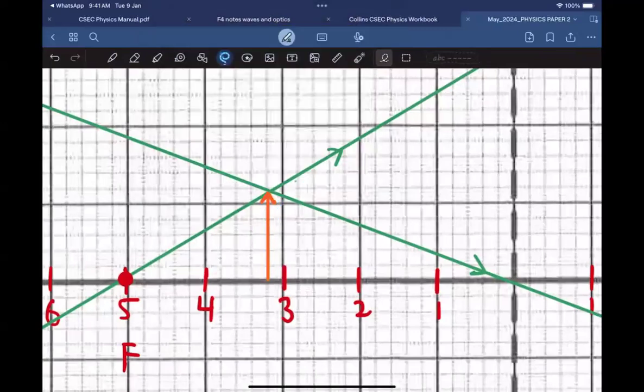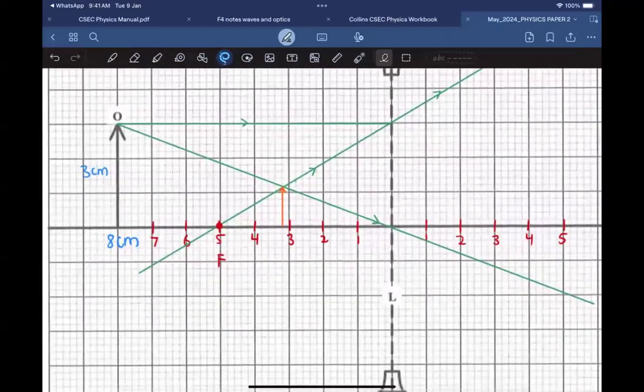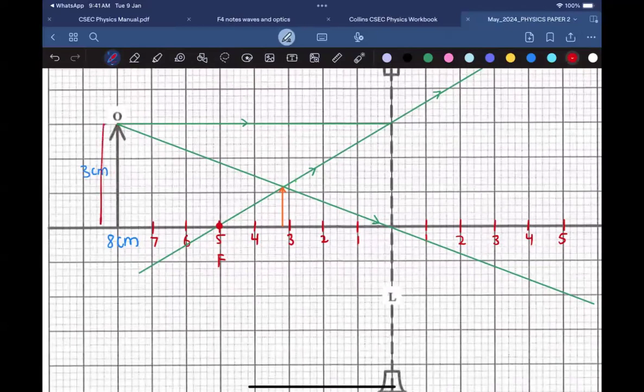So we don't really have to do any calculations for this question. They want me to read off the graph. This thing over here was 3 centimeters, right? This was 3. So what do you think one of the blocks is? 1, right?